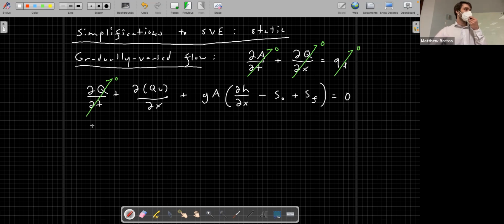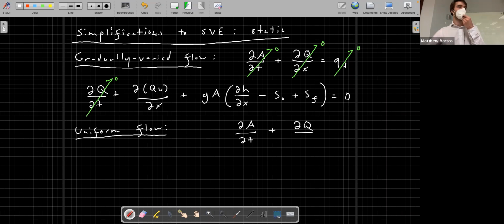The final form that we're interested in is uniform flow. And that's basically the most simplified we can get. Okay, this is what we're going to be primarily working with in this class, but it's important to remember that this is a simplification of a simplification of the real world dynamics that we're interested in. So let's start with continuity. I promise this will be the last equation I write today.